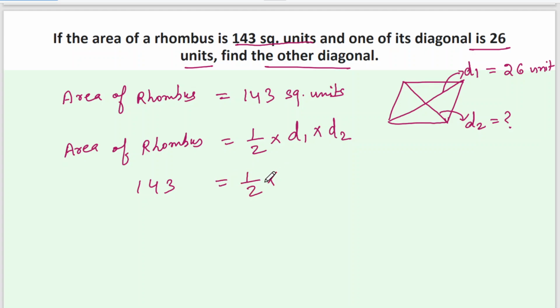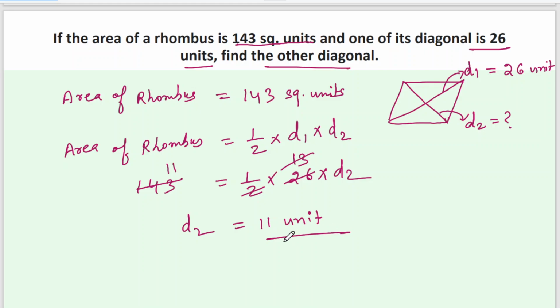Half into d1, which is 26, and we have to find d2. So, after calculation, d2 can be calculated as, see, this is 13, and you can cancel out this 11. So, it is 11 units. Okay. Next question.